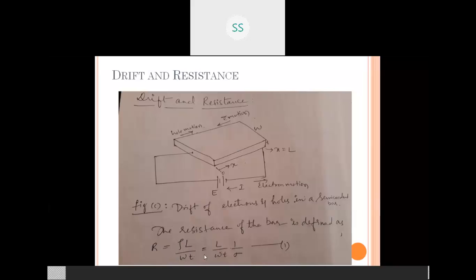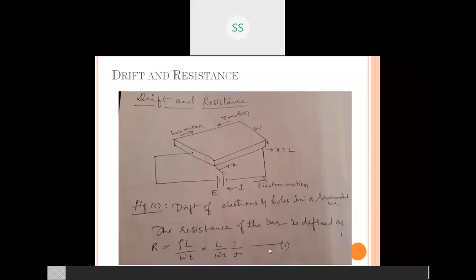Now as rho is the inverse of conductivity, you can write it in another form also: rho L by WT is also equal to L by WT into 1 by sigma, which is the conductivity. I have called it equation 1; of course there is only one equation, but as it is important I have named it 1, that's all.